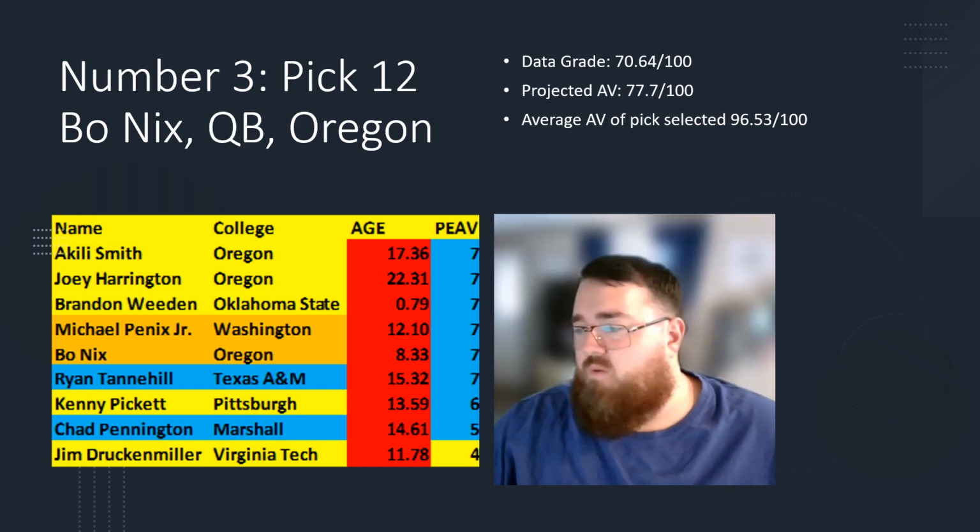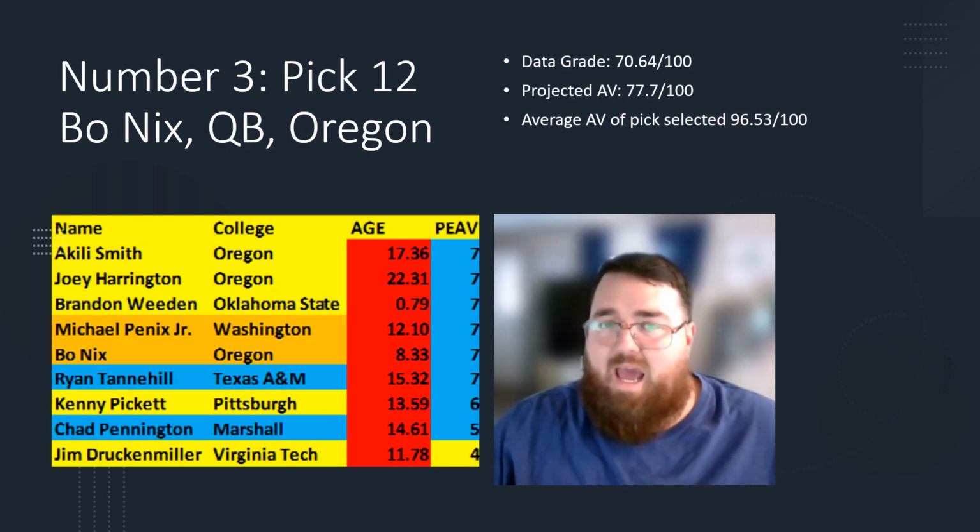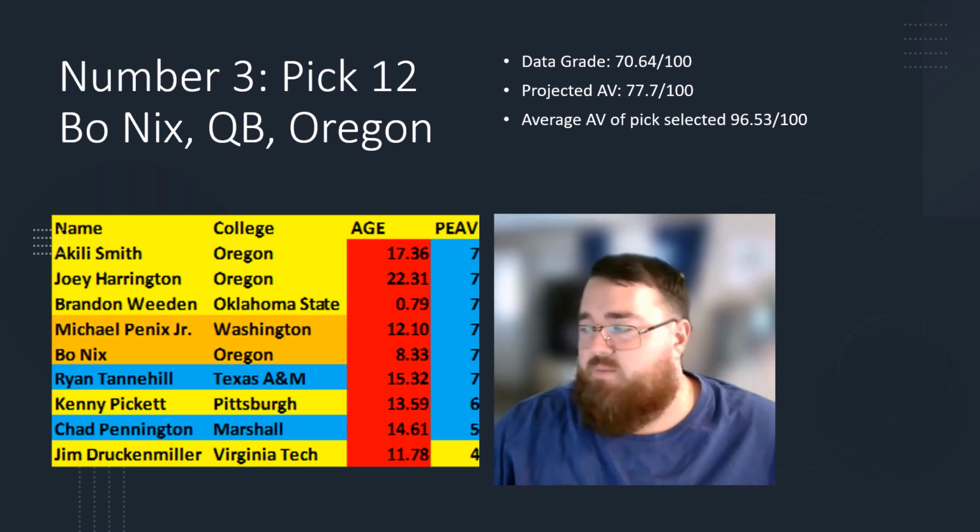The data grade for Nix was 70.64 out of 100. His projected AV was 77.70 out of 100, and his average AV of the pick selected was 96.53 out of 100. So most prospects taken where he was taken are 96 percentile prospects, and Bo Nix is a 77 percentile prospect.